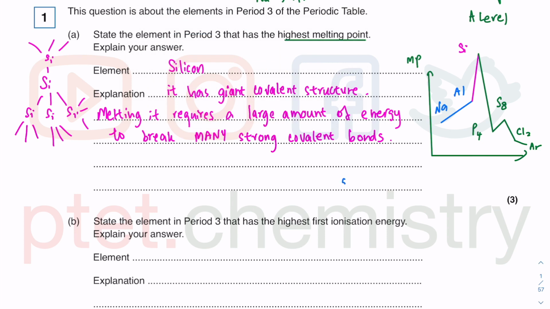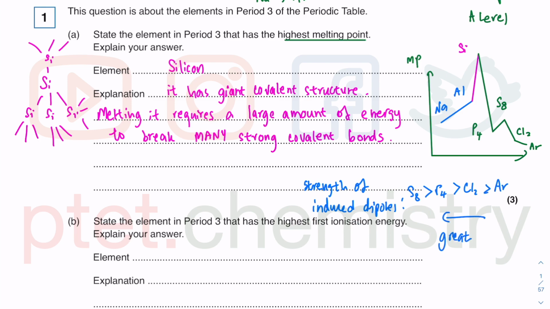So the strength of van der Waals, or the strength of induced or temporary dipoles, is such that S8 is stronger than P4, which is stronger than Cl2, which in turn is stronger than argon, because there is a greater total number of electrons in the molecules.